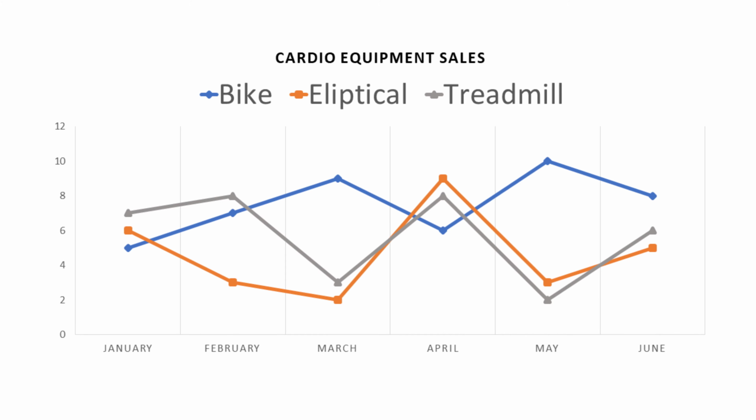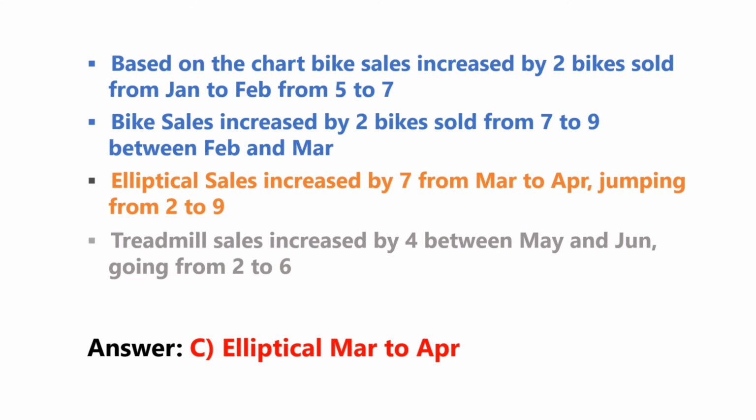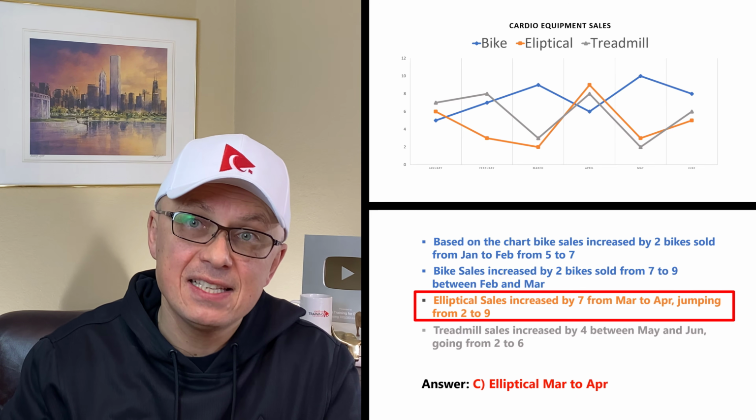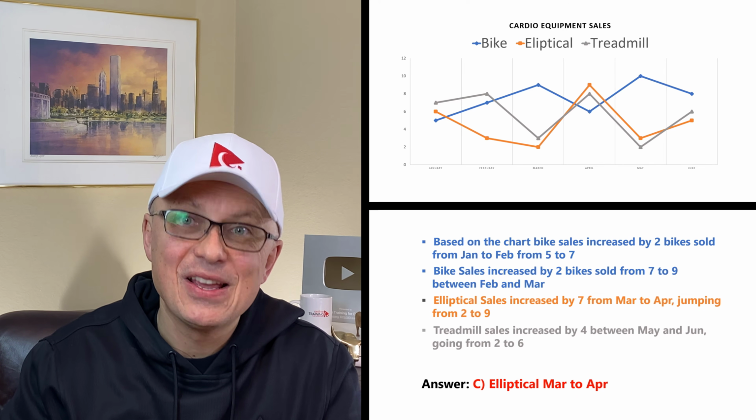And treadmill sales increased by 4 between May and June, going up from 2 to 6. So the correct answer here is choice C, elliptical sales from March to April, because the jump was by 7 from 2 to 9. Hopefully you've nailed this question and now know how to answer similar problems on the test.